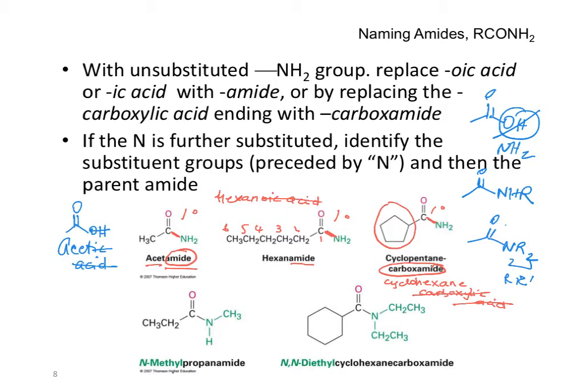If you look at the second one, I have one bond going to the acyl group. I have one bond going to an alkyl group. So this is something which would have gotten formed as we go forward. You will know it will need a primary amine for the reaction to take place rather than ammonia, for instance. So here you do have this methyl group that needs to be defined.